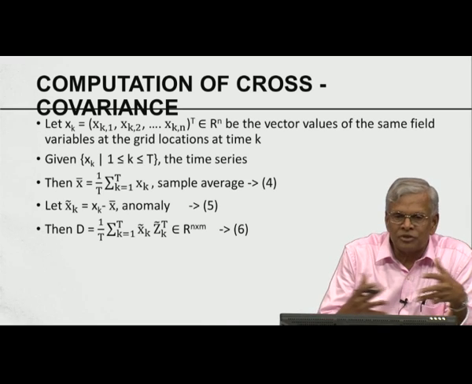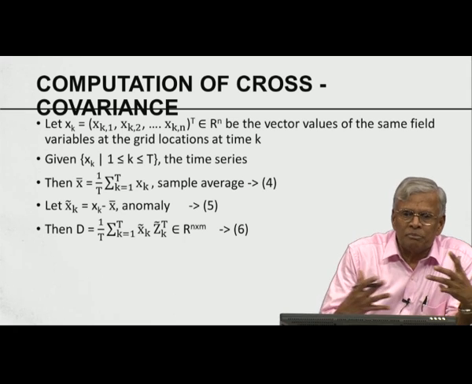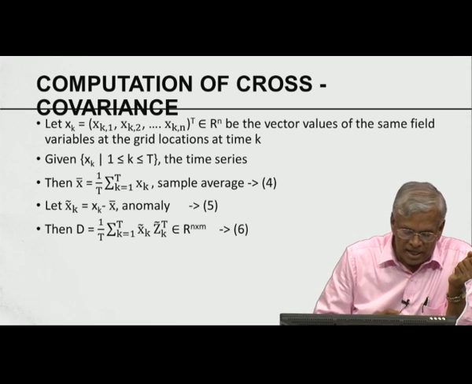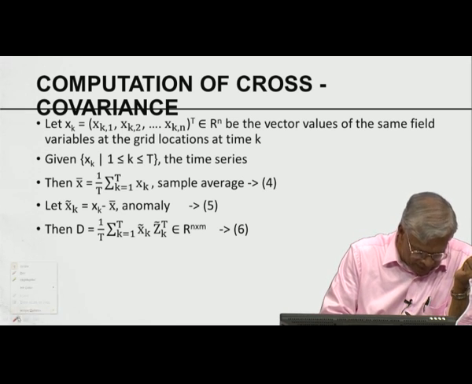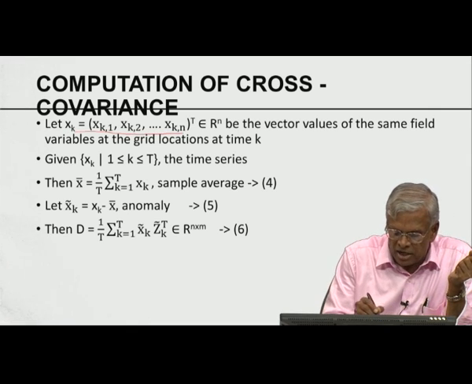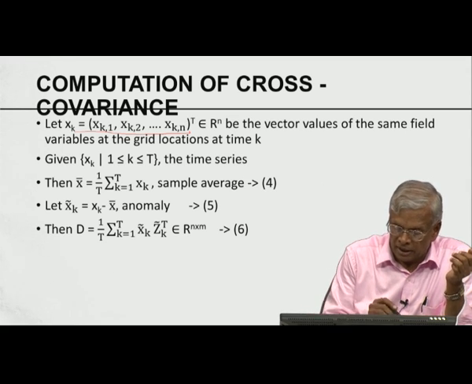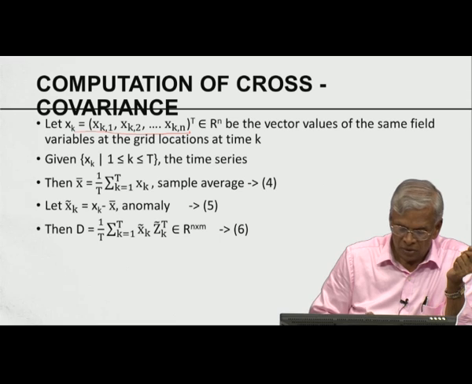Here I am just trying to describe formally the notion of computing the elements of the matrix. I want to reinforce that again. So let us quickly run through these calculations. Let xk be the state variable vector of the same field variable at the grid locations at time k.